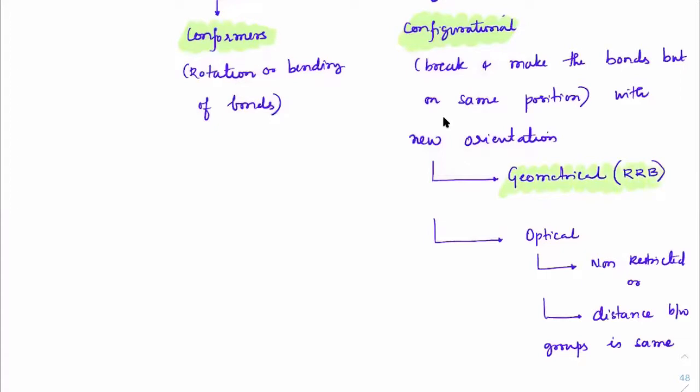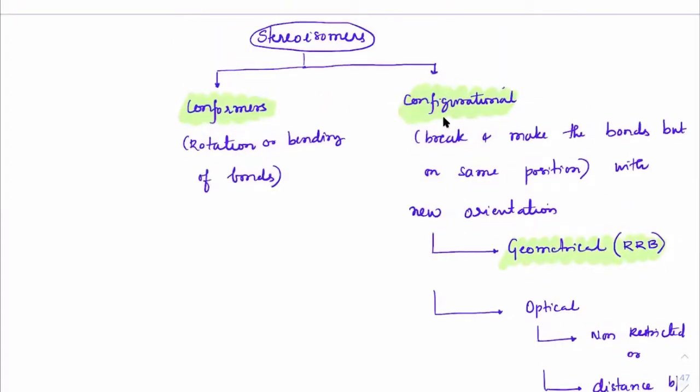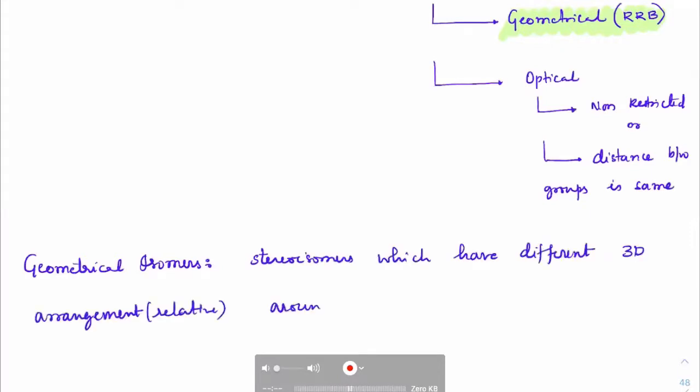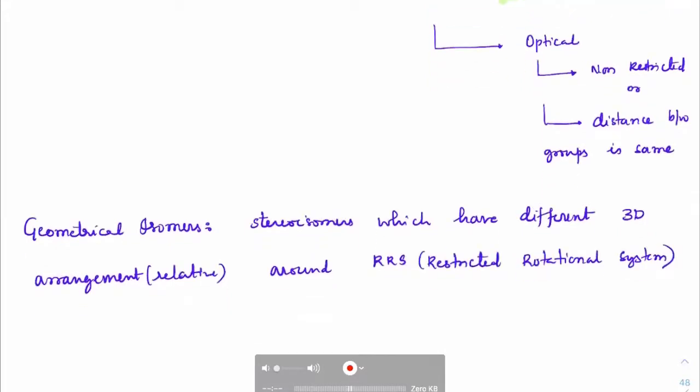So geometrical isomers are a kind of configurational isomer where the most important criterion is a restricted bond. Isomers in general, these are stereoisomers which have different 3D arrangement around an RRS or RRB, restricted rotational system, or you can also call this a restricted rotational bond.